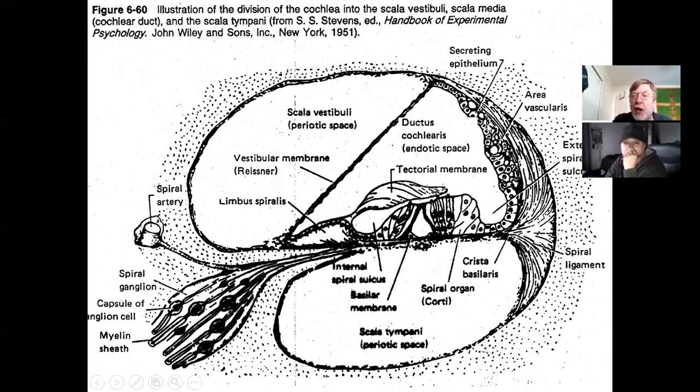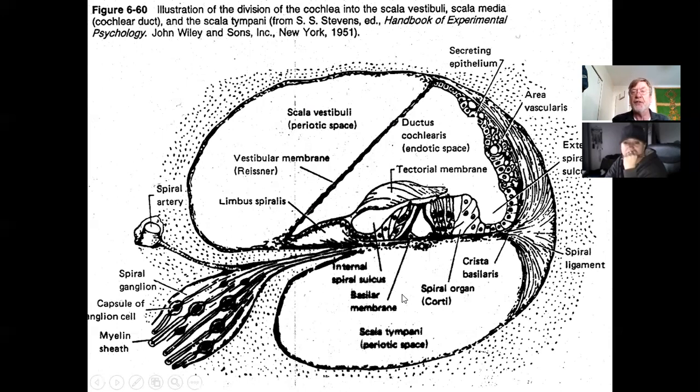And this is the stria vascularis we said last week. It's the blood supply and the oxygen supply to the hair cells. Reissner's membrane, you could bend it. It's the membranous labyrinth. You can squeeze it, okay? And this is filled with endolymph fluid. This is filled with perilymph fluid.